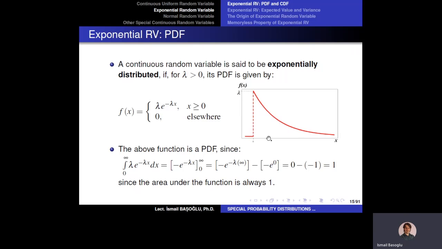Okay, so if you move a little, then the function is going to get to half its size. And if you move further with the same distance as before, then the remaining part is going to get to half of its size. So it is going to become lambda over 4. And if you move again by the same amount, it is going to get to half its size again, lambda over 8. So there is a constant half-life of this function. So at a constant rate, this function is going to get to its half.